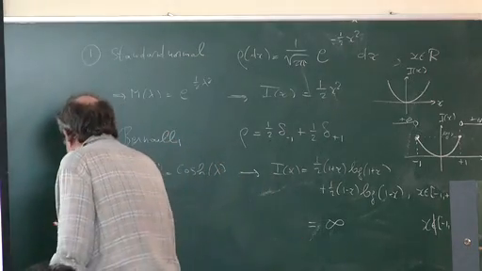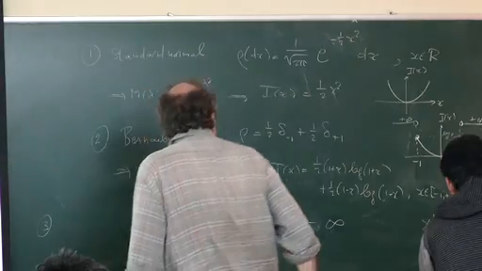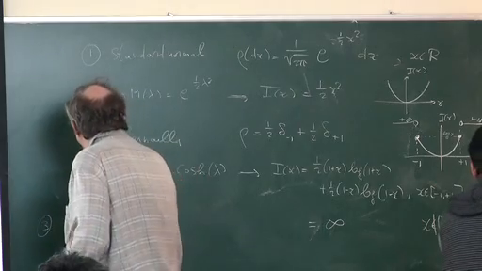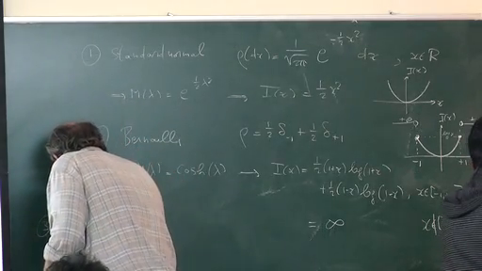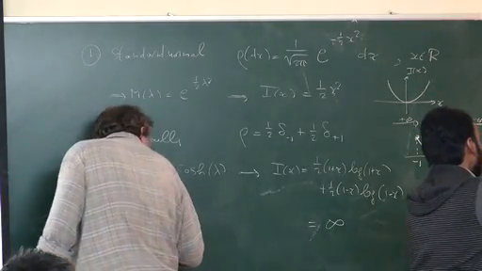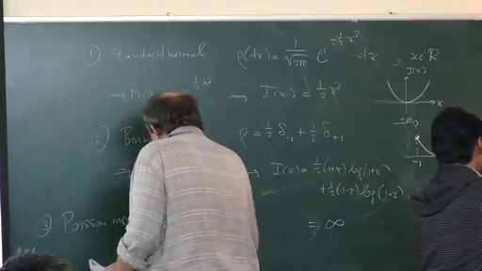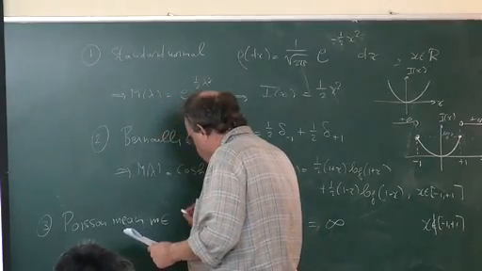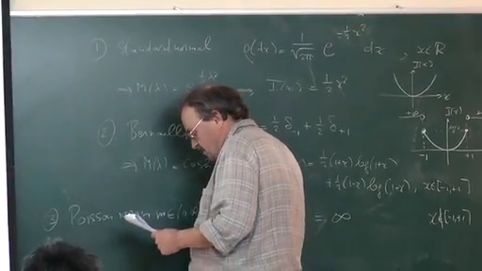Okay, and then the third example, I need to move a little bit to the left because I've used up space here, is when you have a Poisson distribution with mean m, where m could be some positive finite number.